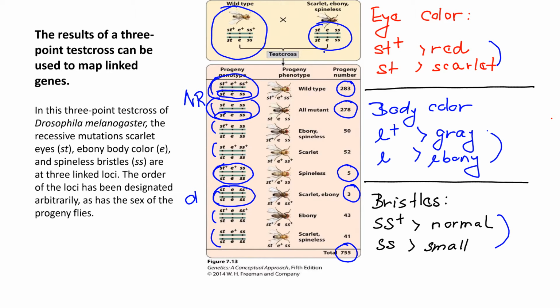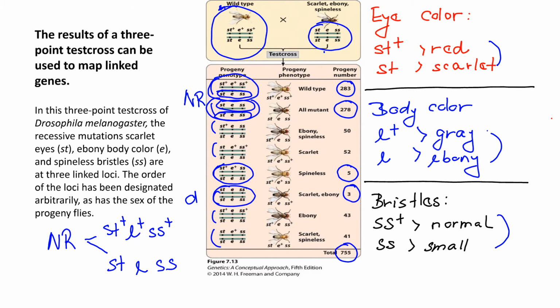The non-recombinant genotypes are ST wild type, E wild type, and SS wild type, so all three wild type or all three mutated. These are the non-recombinant genotypes which were in gametes obtained from the wild type fruit fly.